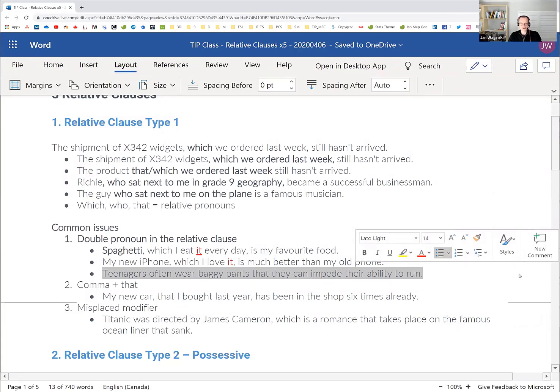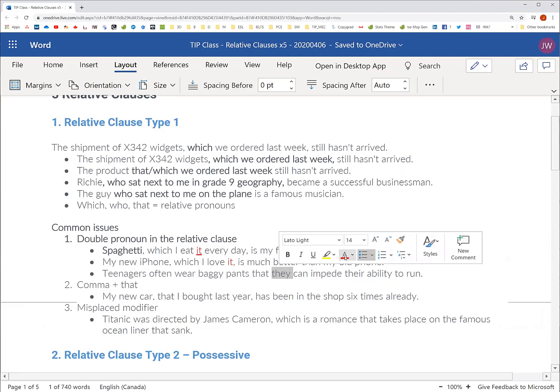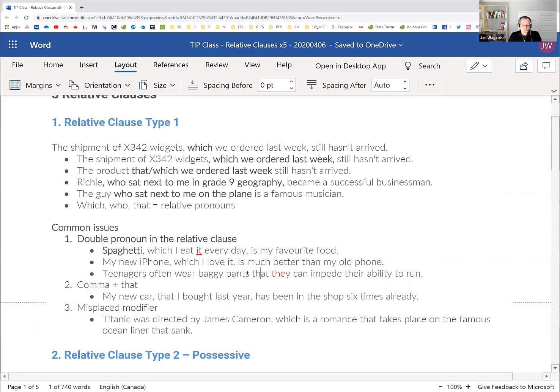What's the problem with this one? They. Right. Because that already represents baggy pants. Okay, so that's one common issue.